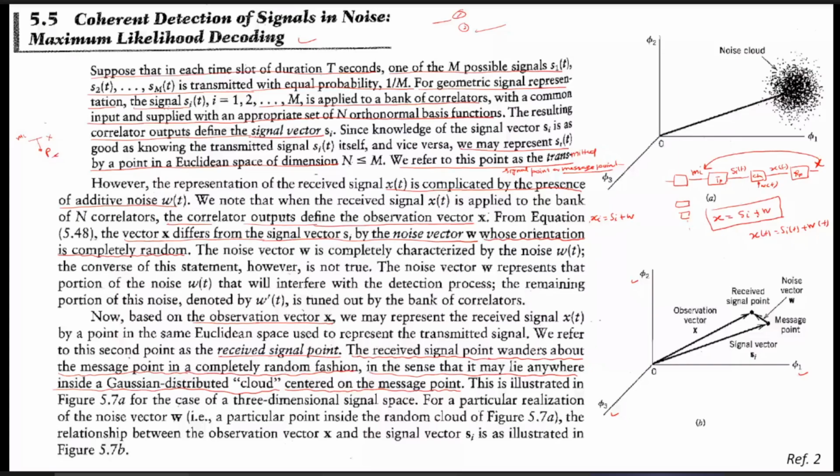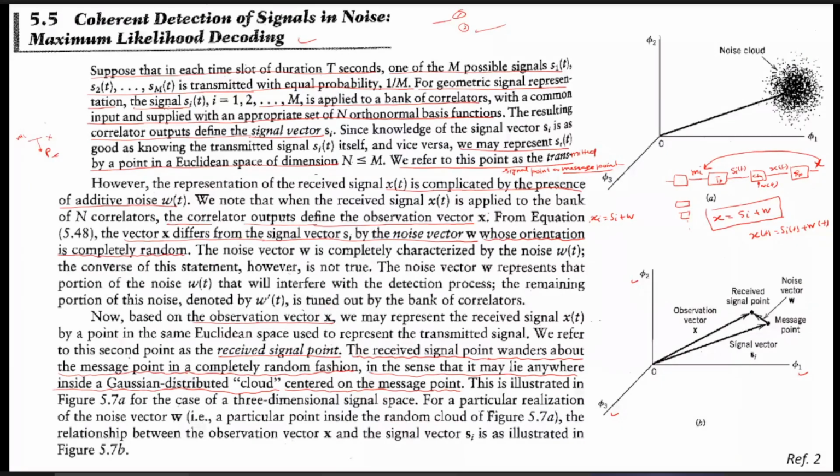So you can see, if there is no noise, that is, this w is 0, then this observations vector x is directly equal to s_i. That is, just by detecting this message point s_i, we can easily calculate m_i without any error.